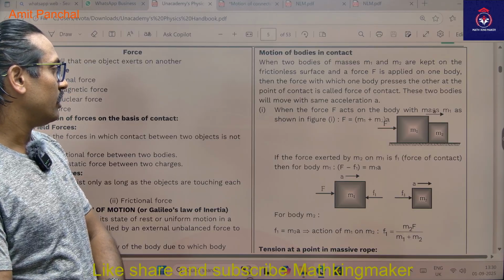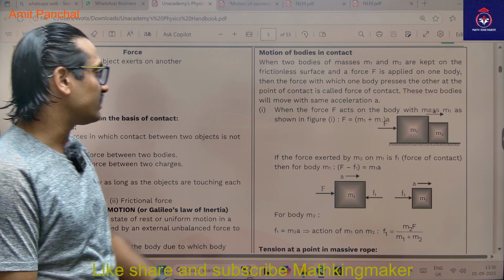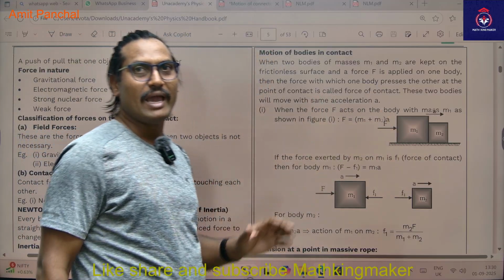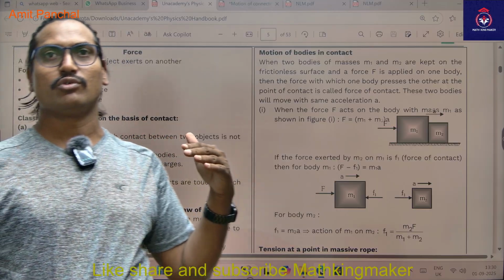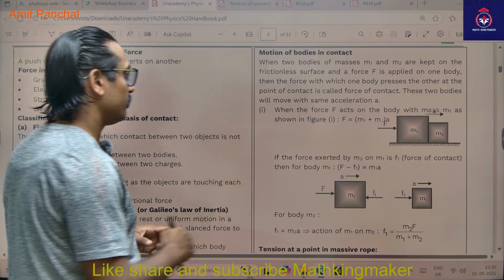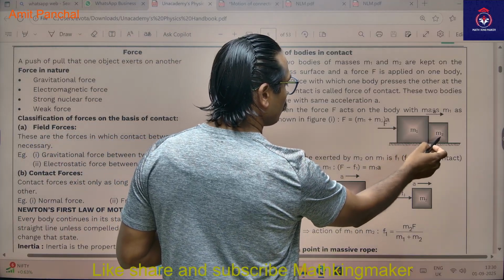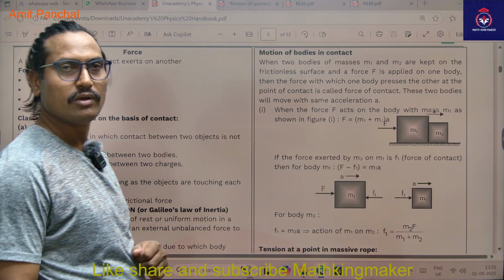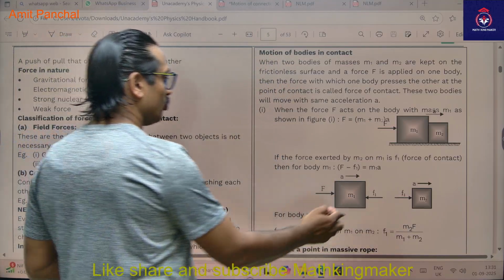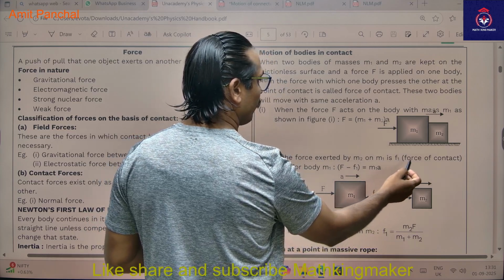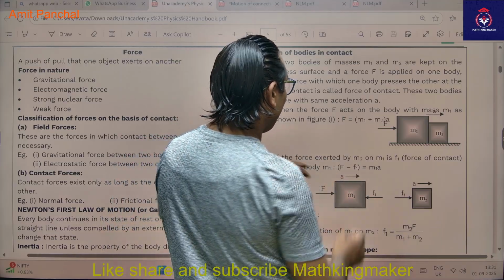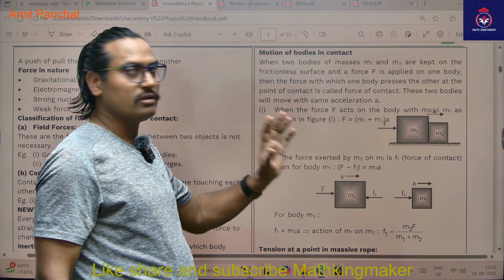Now, if the force exerted by M2 on M1 is F1, M2 is also applying some force on M1. Let us say this force is F1, the force of contact.